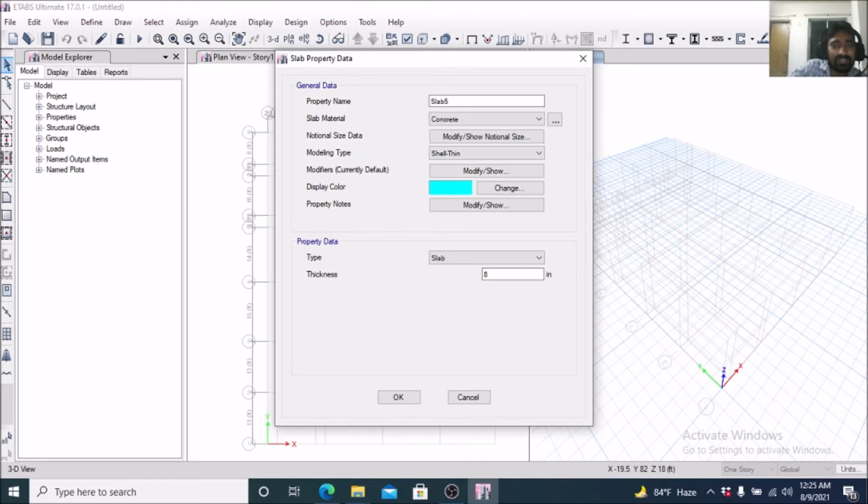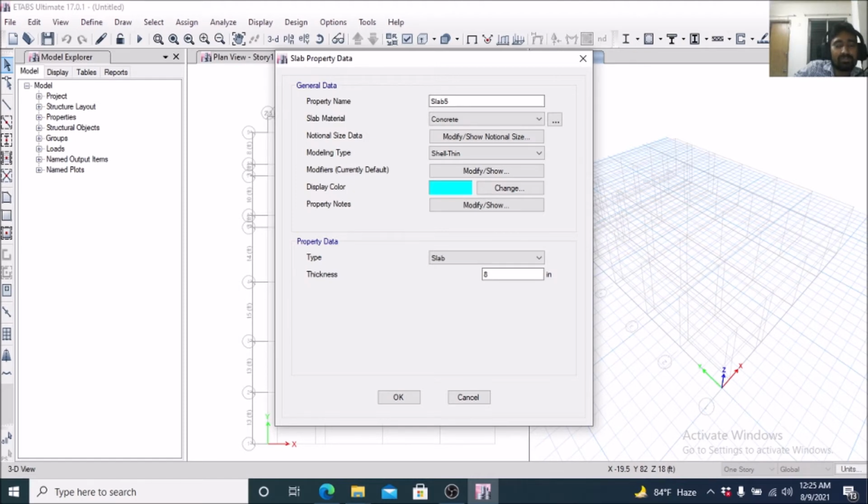For these purposes we might understand that the slab should be shell, but all the load is transferred from the slab to the floor beam. So the slab actually cannot take out-of-plane stresses. It can only take stress in plane.